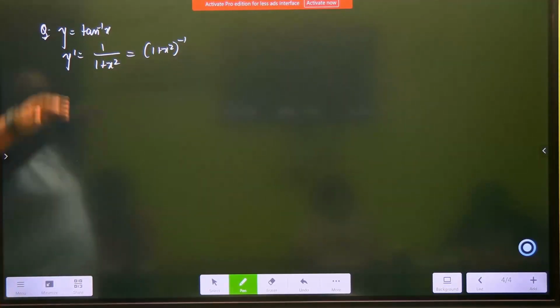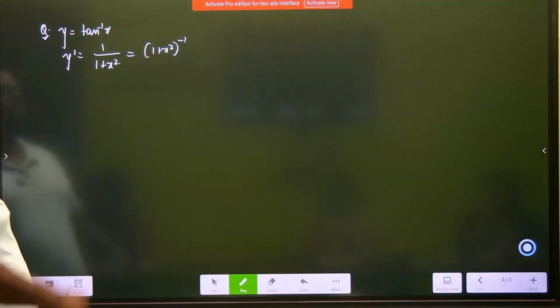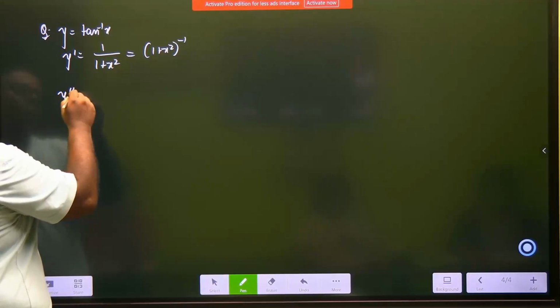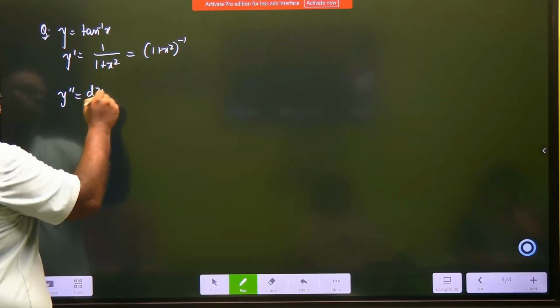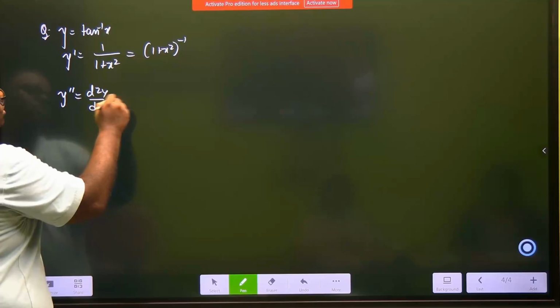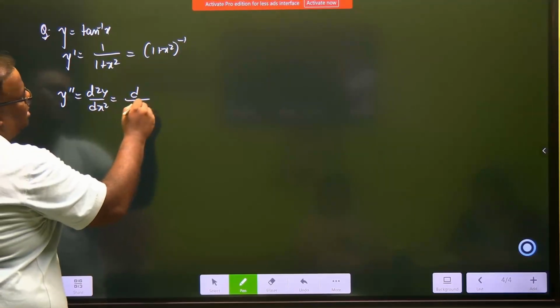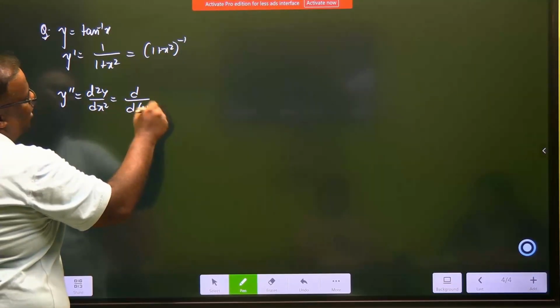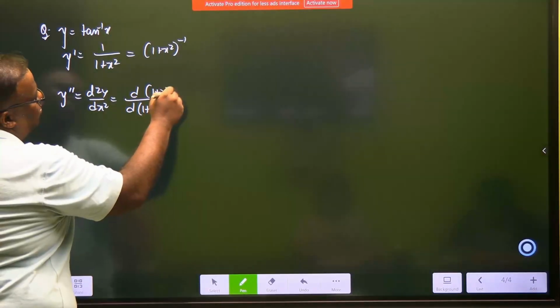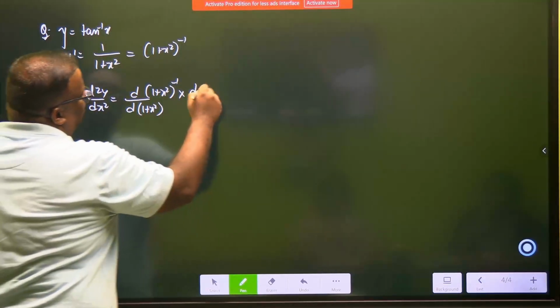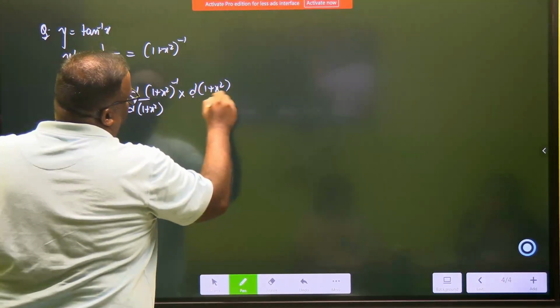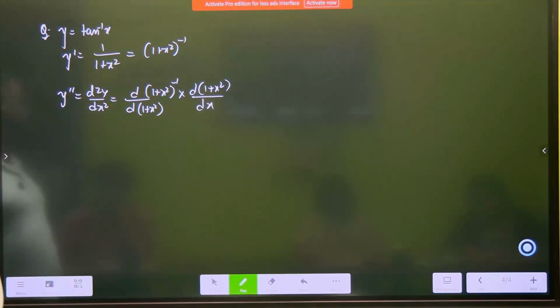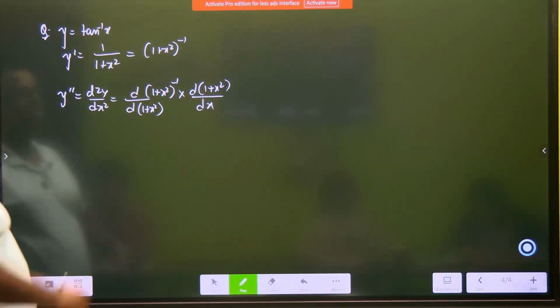Now see how I differentiate this. y double prime is nothing but d2y by dx2, which is equal to d by dx of 1 plus x square to the power minus 1 into d of 1 plus x square by dx.